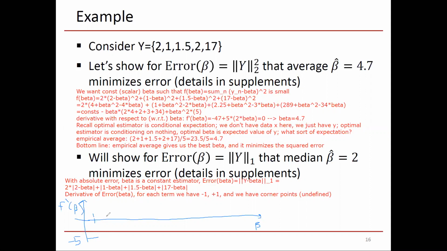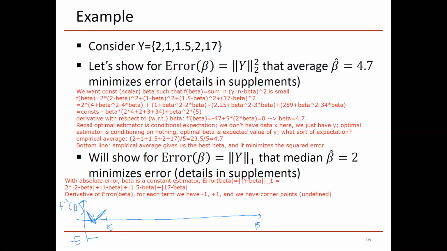Around 1 and up to 1.5, we have a discontinuity. So the 2 minus betas are still negative. The 1 minus beta, now the term 1 minus beta, it was going down. And then at 1, it started going up. So now we have a positive derivative. And these two guys are both negative derivatives.